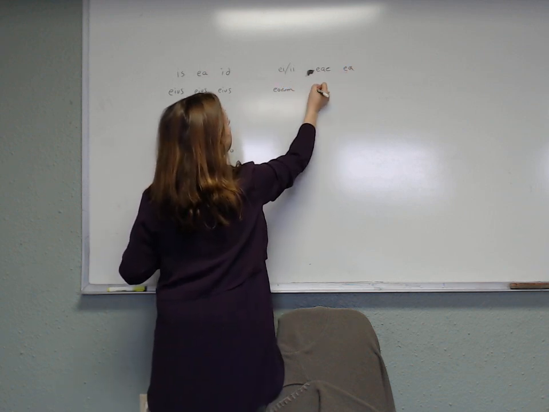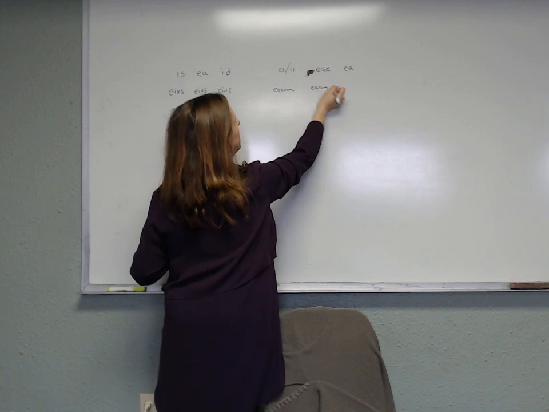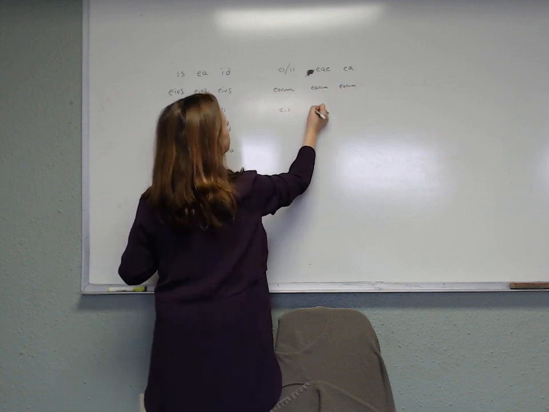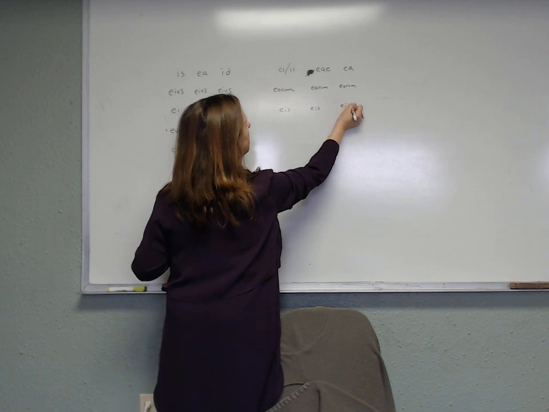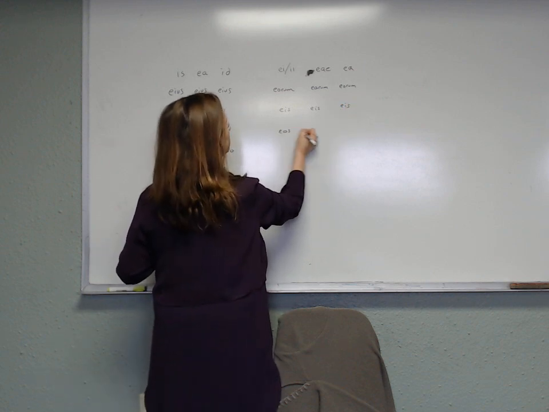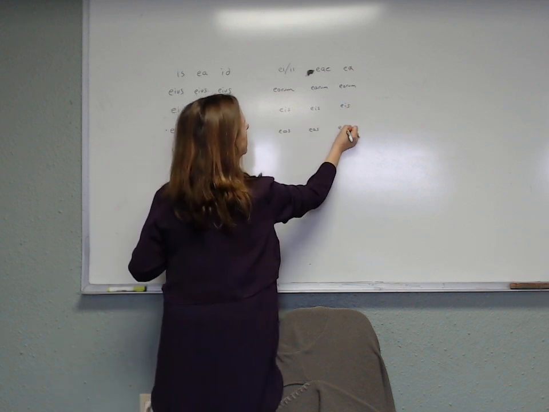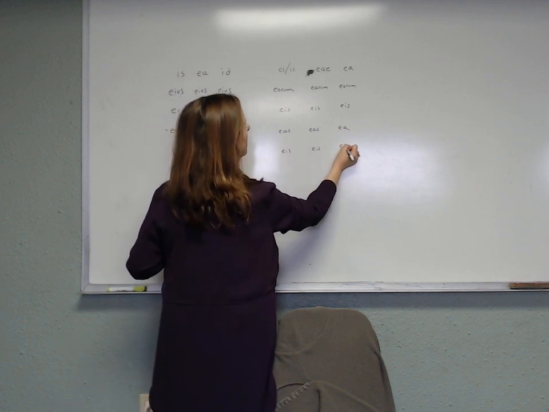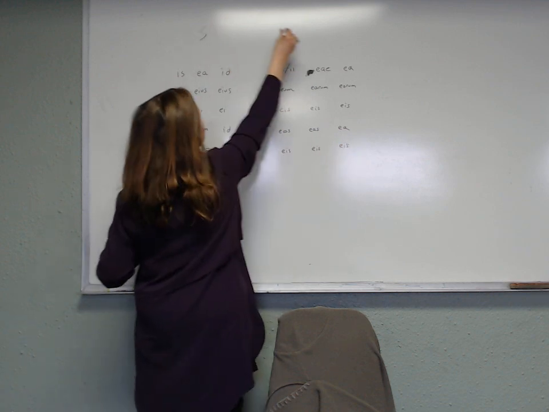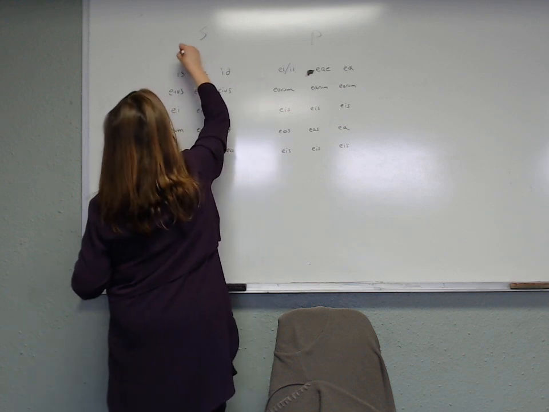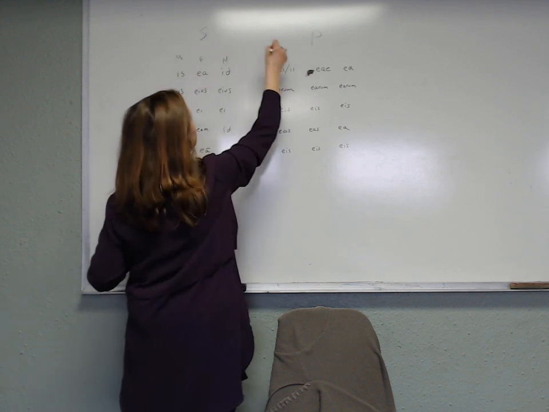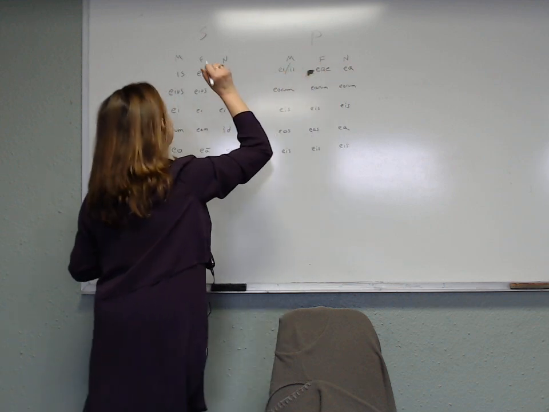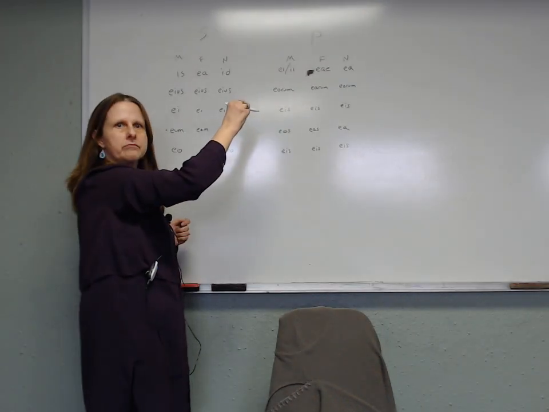Eorum, earum, eis, eos, eas, ea, eis. Okay, singular, plural. Masculine, feminine, neuter. He, she, it, and they. That's what this is.